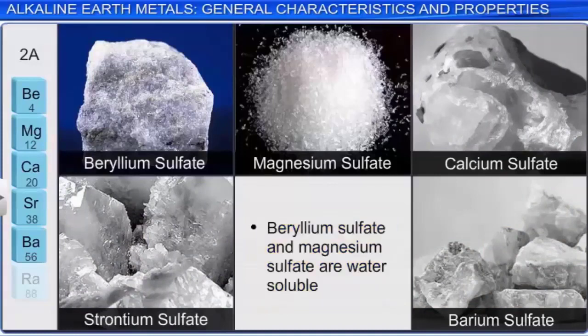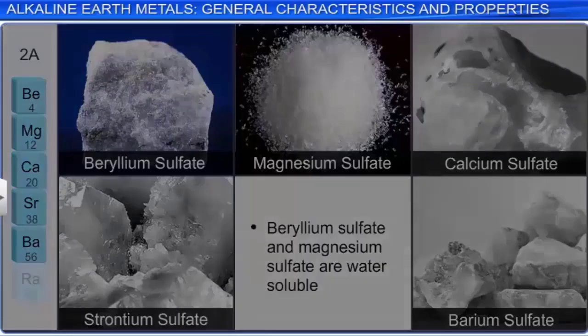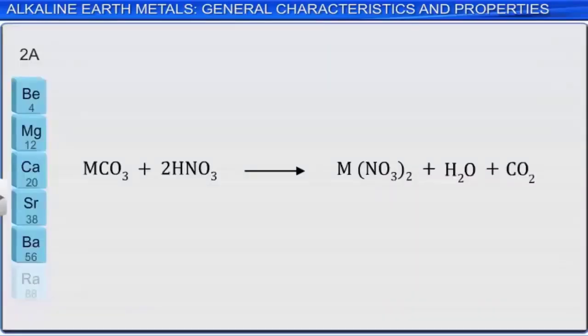Beryllium sulfate and magnesium sulfate are water soluble, but the solubility of this class of compounds decreases down the column. This is because beryllium and magnesium ions have higher hydration enthalpies than the other metals in the group.